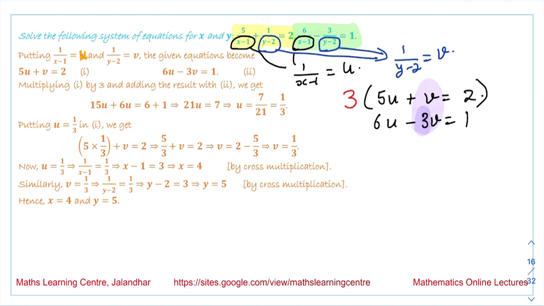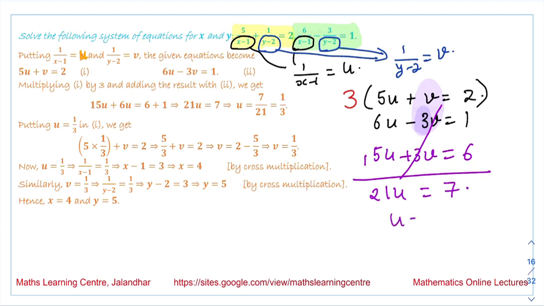We multiply the first equation with 3, and this equation will become 15u plus 3v is equal to 6. When we add these two equations, these two get cancelled, and it is 21u is equal to 7. So the value of u that we have is 1 by 3.